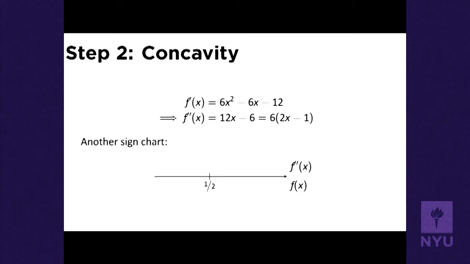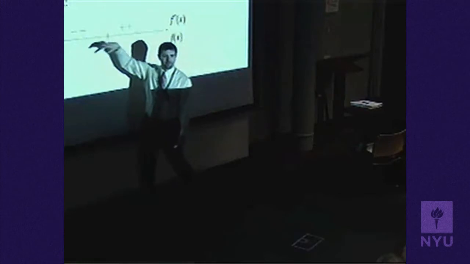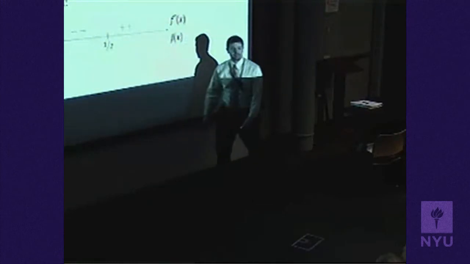So I really just need to look at 2x minus 1. I know that it's 0 when x is a half, and it's negative when x is less than a half, and it's positive when x is greater than a half. And I did two signs here, minus, minus, and plus, plus, because it's the second derivative, and because I can do my little trick with the frowns and the smiles.